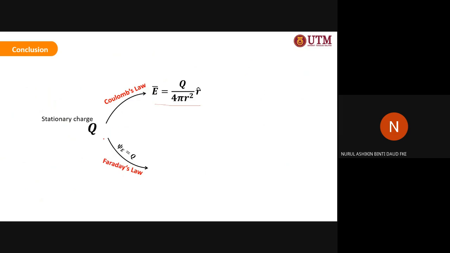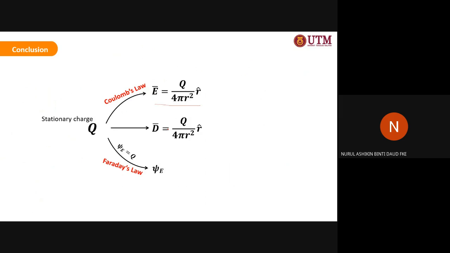Here we can conclude, from what we have learned in previous weeks and in this topic, that from a stationary charge, based on Coulomb's law, we can get the electric field intensity, and we can also obtain the electric flux by Faraday's law.